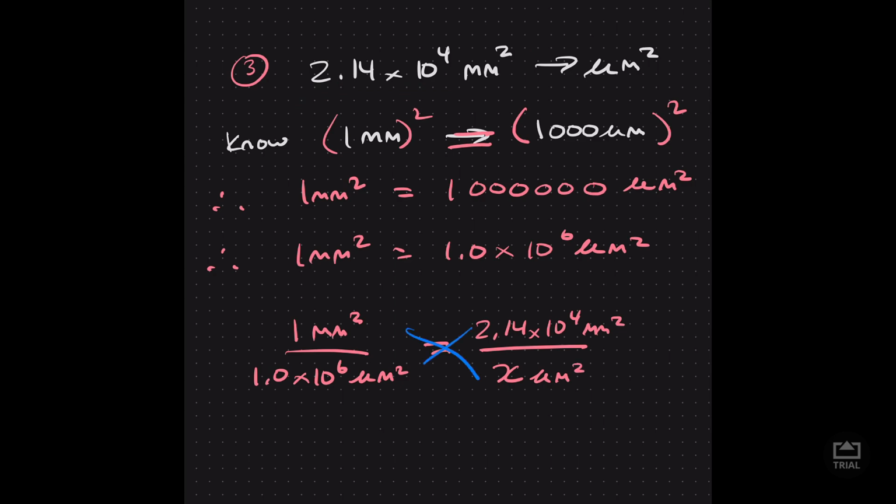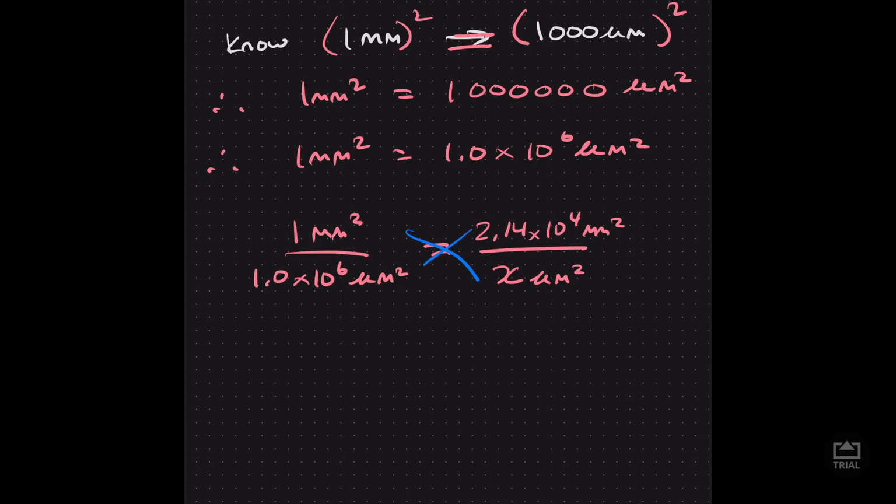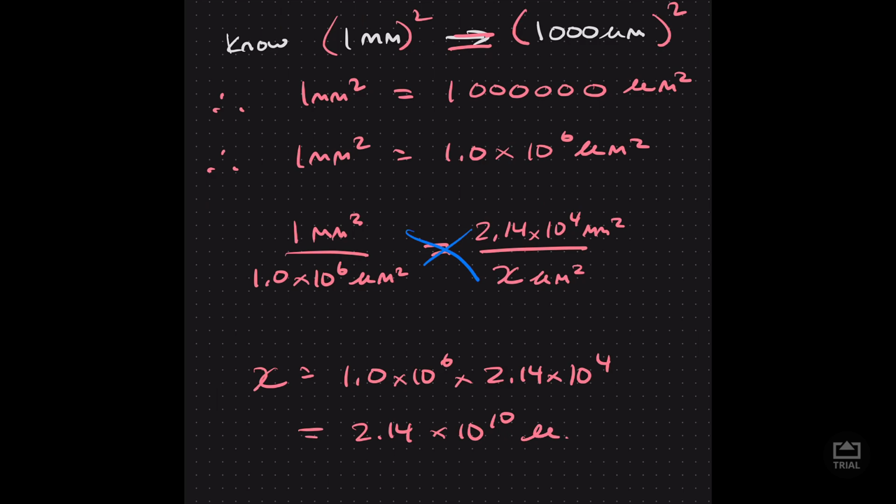Again, cross multiplication, we'll end up with x equaling 1.0 times 10 to the 6 times 2.14 times 10 to the 4, and that is going to be 2.14 times 10 to the 10 micrometers squared.